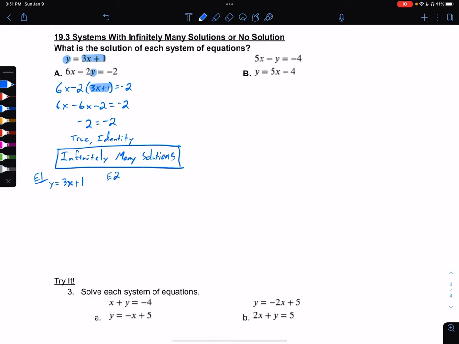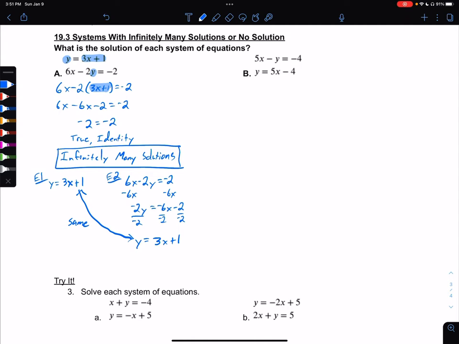If I take equation 2 and I isolate y by subtracting 6x, I get negative 2y equals negative 6x minus 2, and then I divide everything by negative 2, well then y would equal 3x plus 1, which you realize they're the same, which is why they're an identity, and then there are infinitely many solutions.